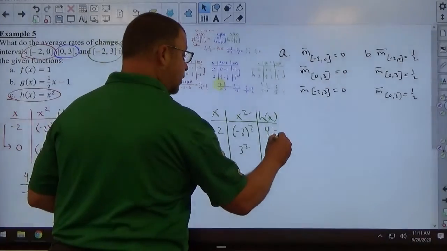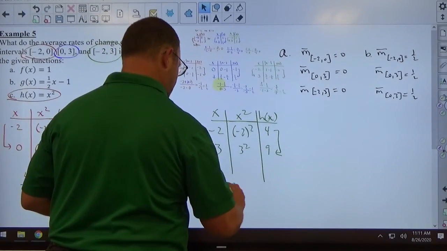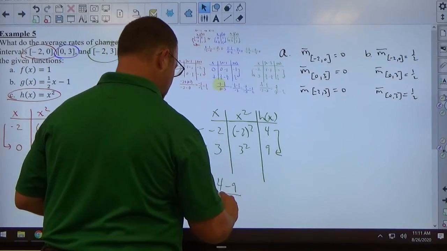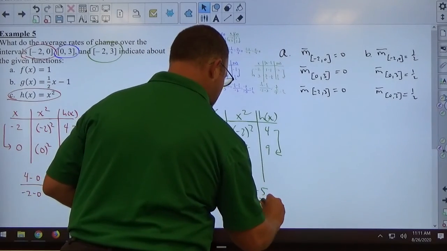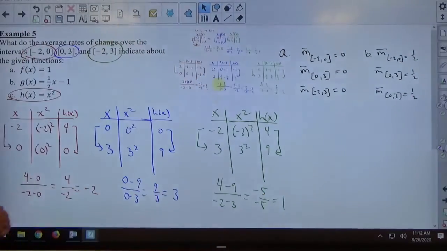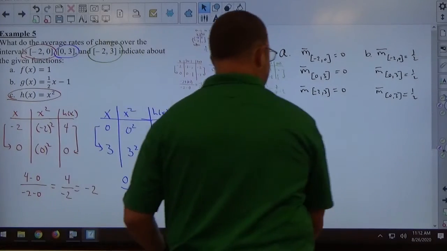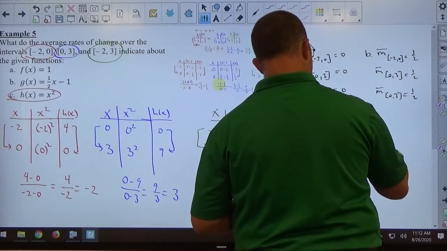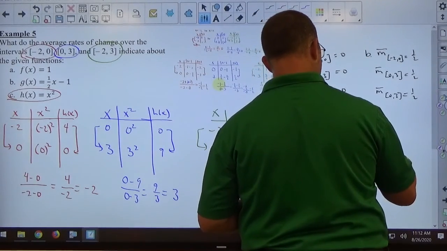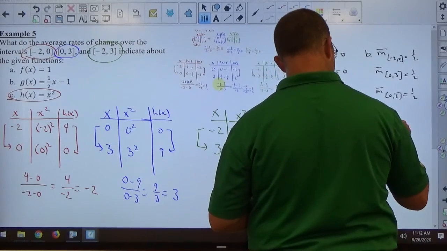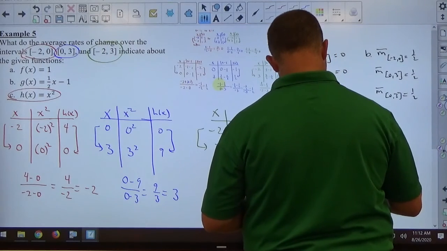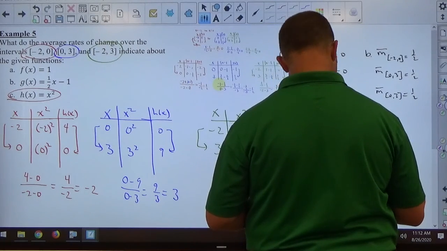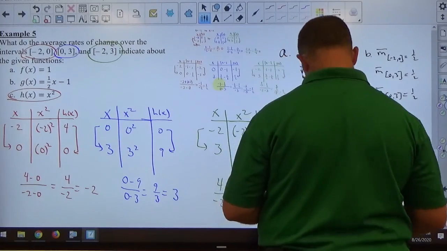If I do this subtraction, 4 minus 9 on top, and I do this subtraction, -2 minus 3 on the bottom, I get -5 on top, -5 on the bottom, which is +1. So, if I write those down, in part C, m bar from -2 to 0 equals -2, m bar from 0 to 3 is equal to +3, m bar from -2 to 3 equals +1.